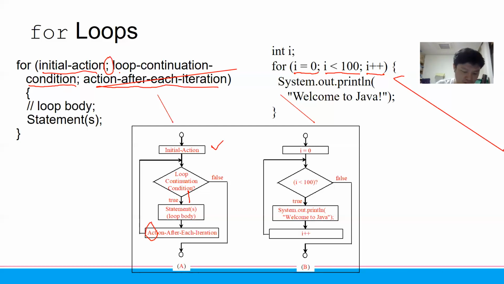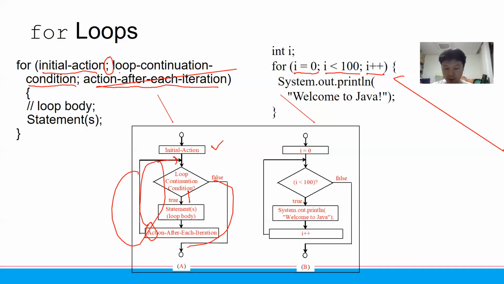After you finish this, you come back and check the condition again. If the condition is true, you will do it again, and this continues until the condition is false, and then it will exit the loop.